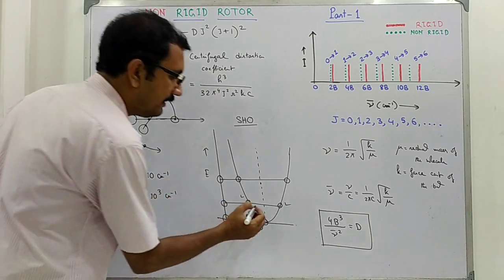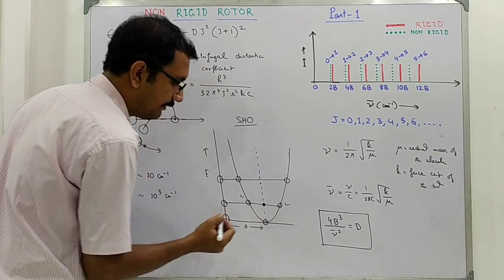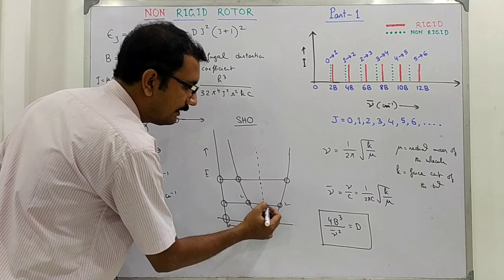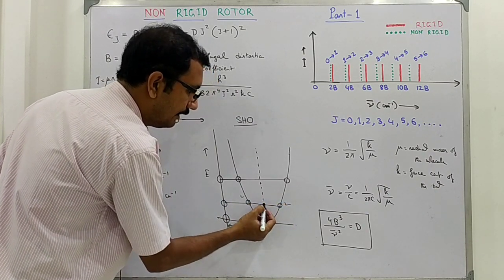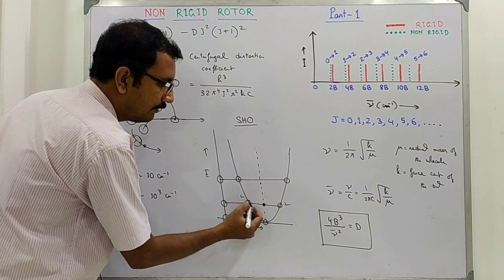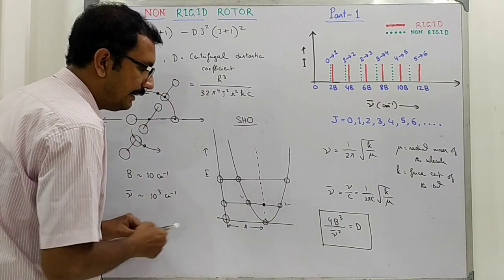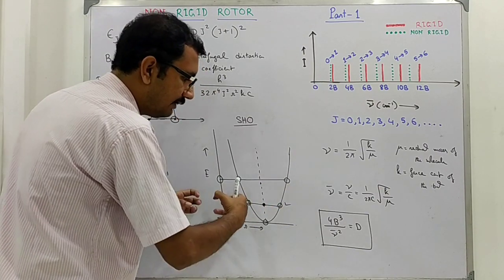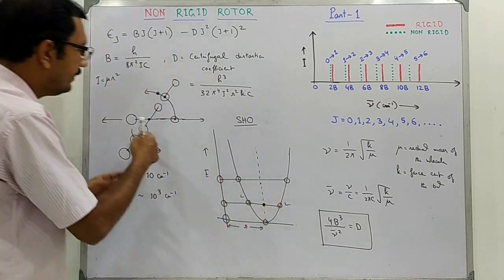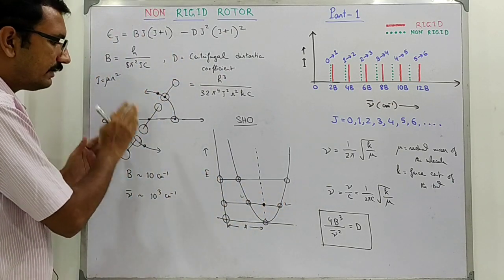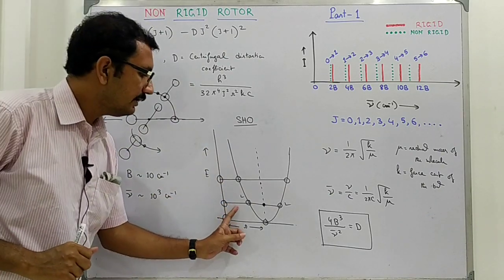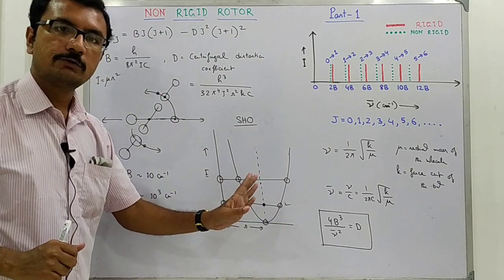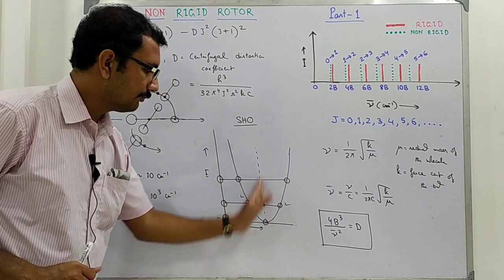So, this is the equilibrium distance between the two nuclei and it is getting away here. So, R is increasing; it is coming closer, so R is decreasing. If this occurs at a frequency much greater than the frequency of rotation, then the rotation will experience the average of these two extreme positions, which is the equilibrium position.